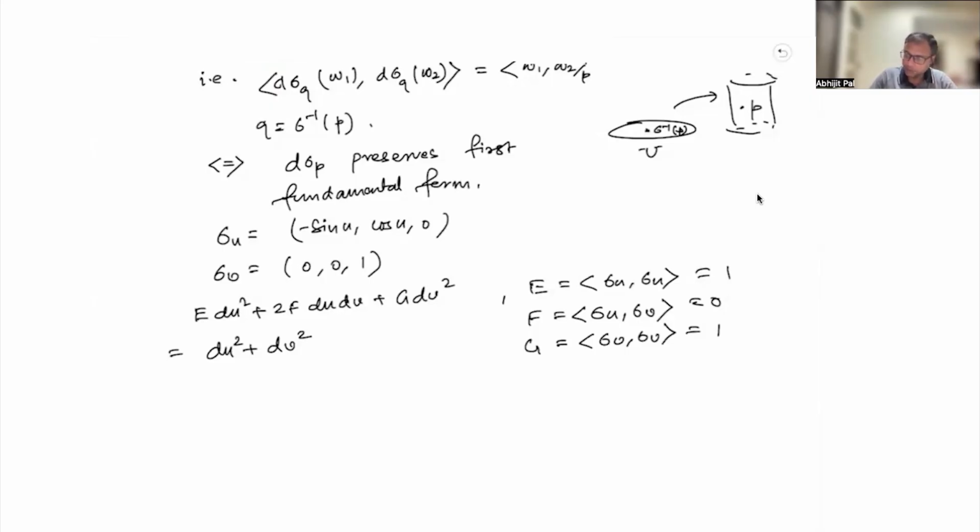Therefore du square plus dv square is the first fundamental form on the cylinder.